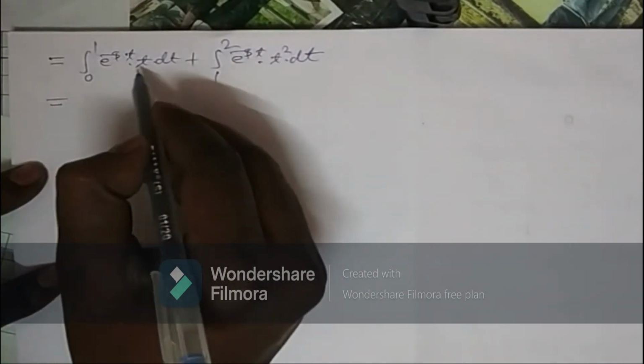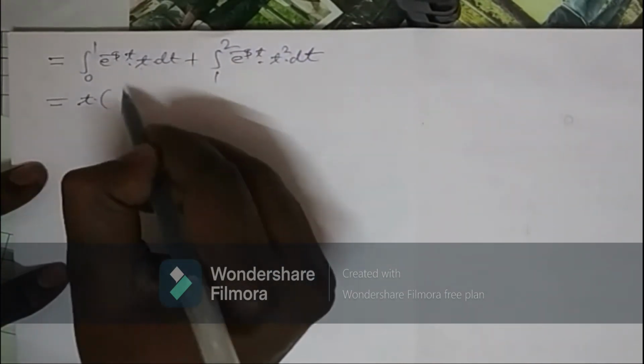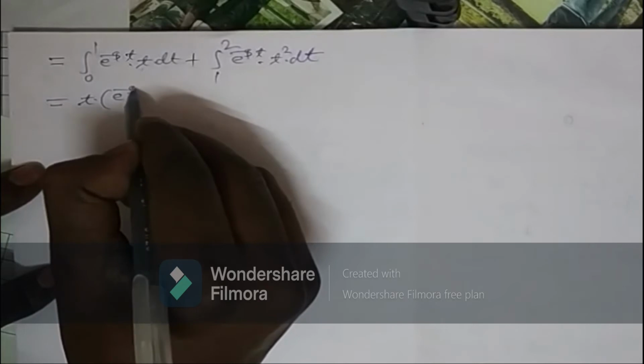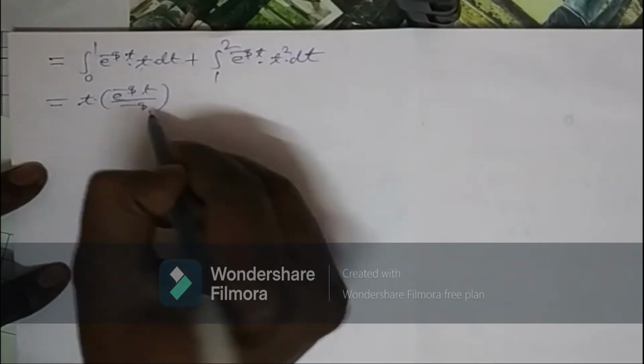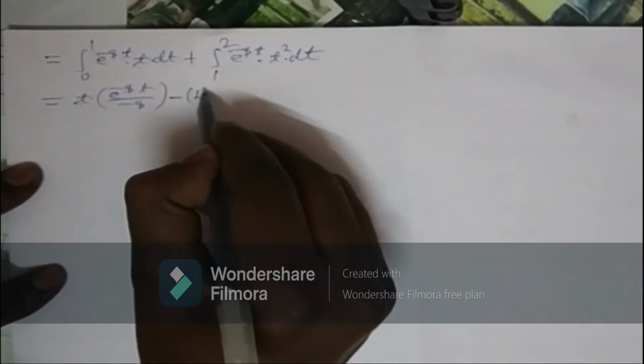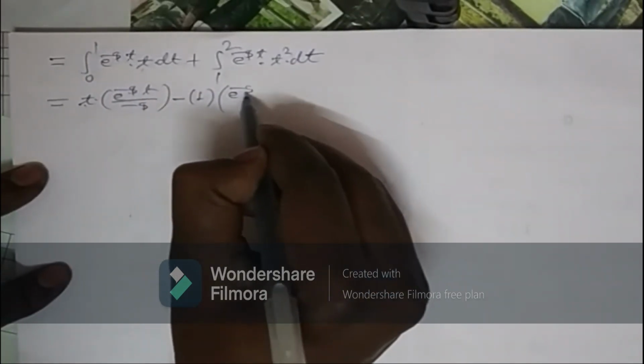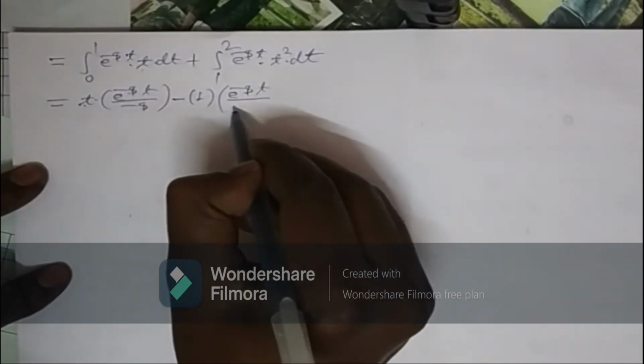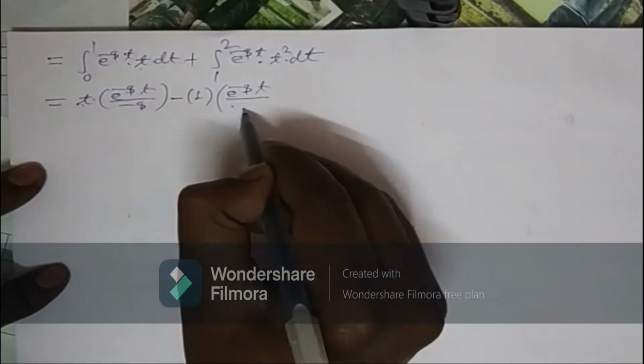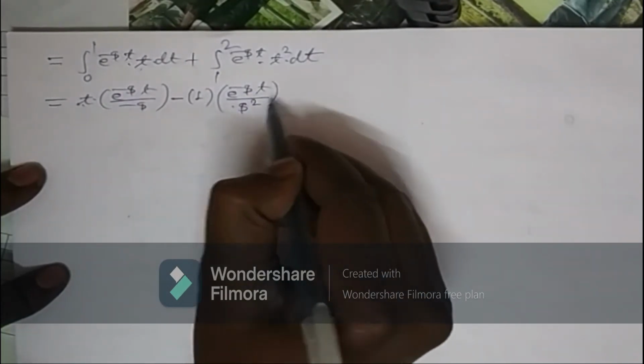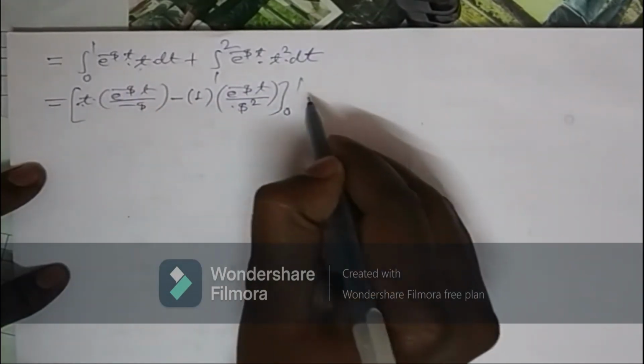So that is equal to, u as it is into integration of e raised to minus st, e raised to minus st upon minus s, minus derivative of t, 1, integration of this e raised to minus st upon minus s again, and this minus s, so minus minus plus s square, limit from 0 to 1, plus.